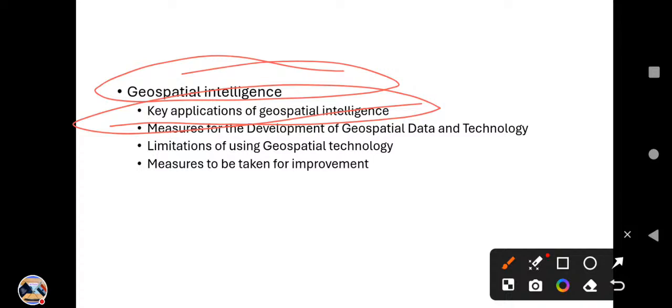And what is geospatial data? Geospatial data is used to collect, analyze, and store geographic information and the impact of human activity.